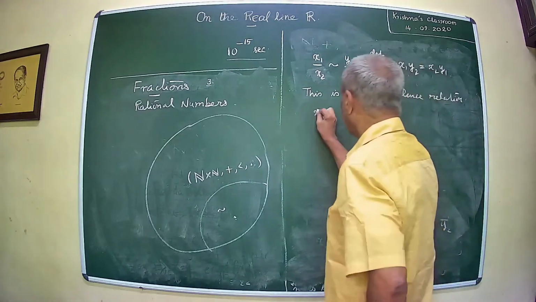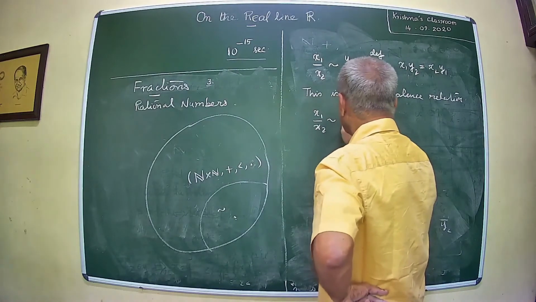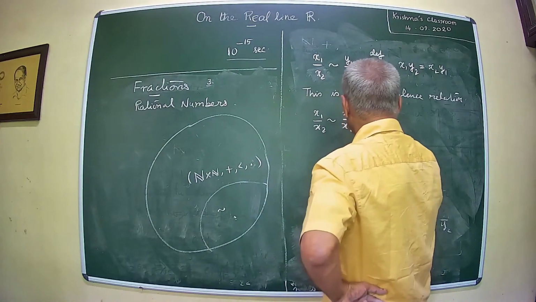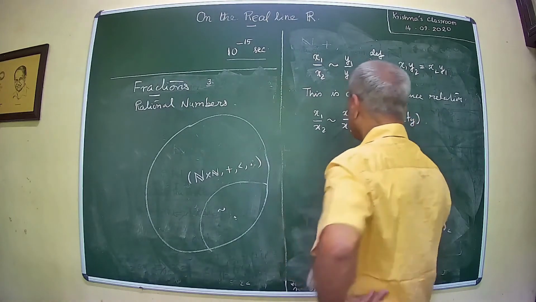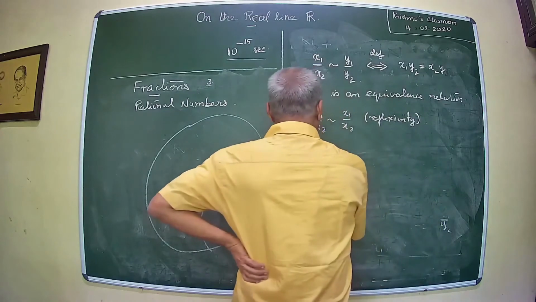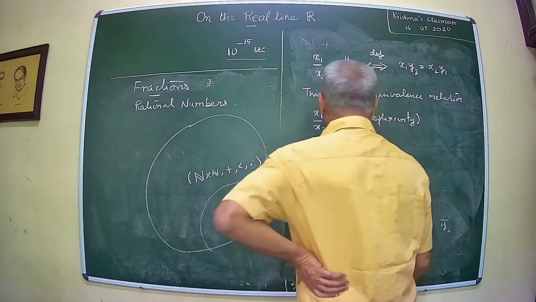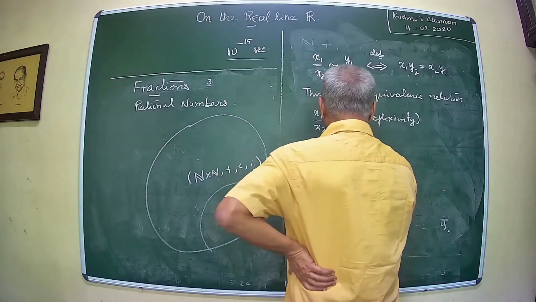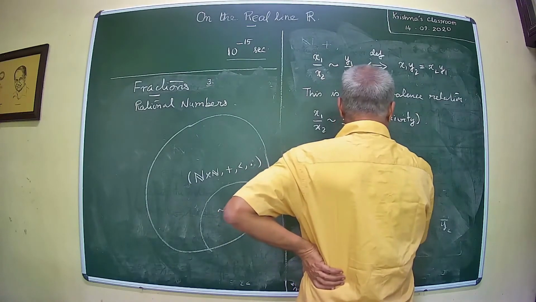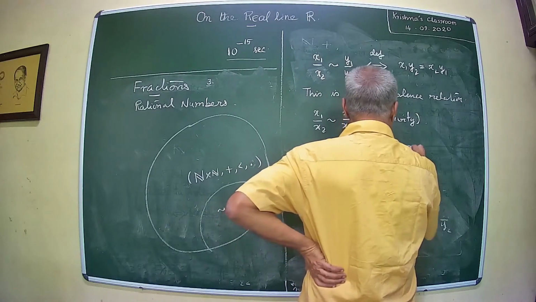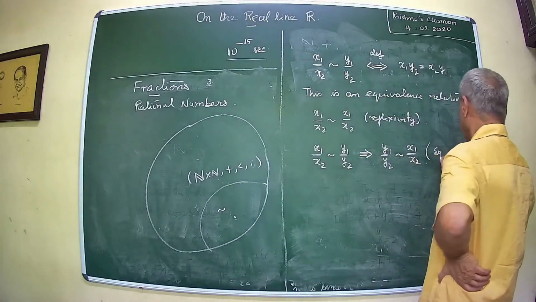Then x1 by x2 related to y1 by y2 implies y1 by y2 is related to x1 by x2. This is what we call symmetry.